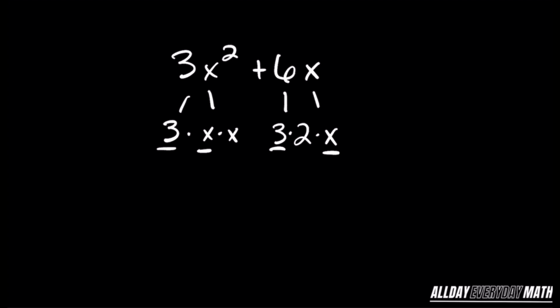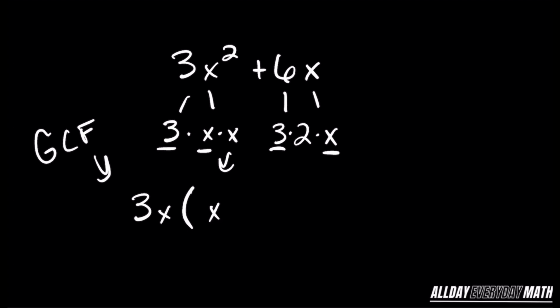So that means that we have a greatest common factor of 3x. So all right, GCF, greatest common factor. And if on a test you were asked to factor this binomial by greatest common factor, well, you have your greatest common factor now, 3x, and then you would put in parentheses whatever is left over. So in this case, you would have x, and then you would have 2.